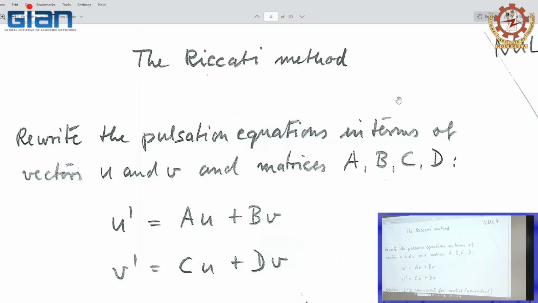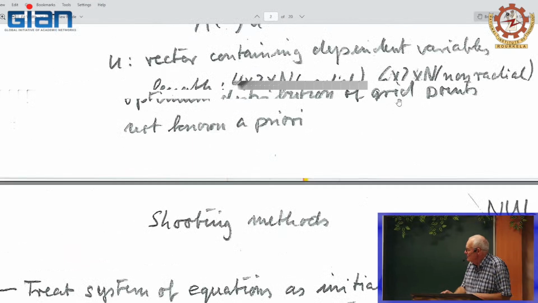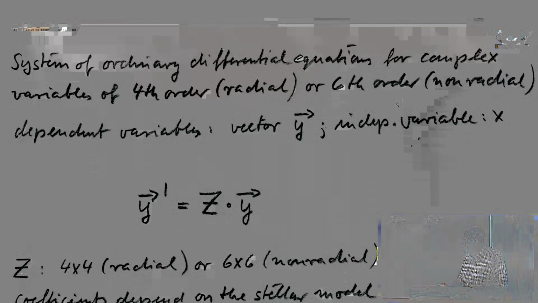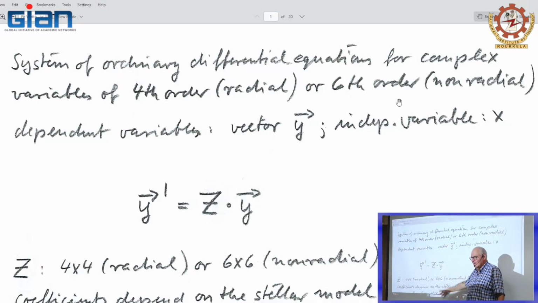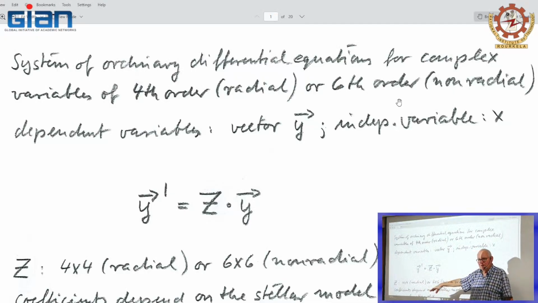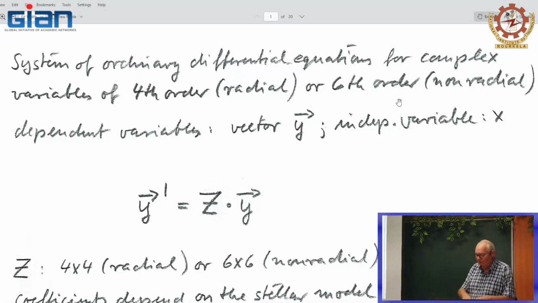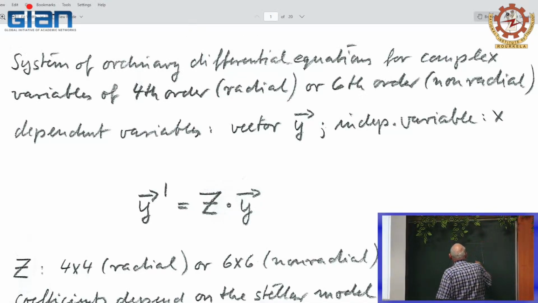So we consider the original system. Y dash is equal to some matrix times Y, and Y contains the dependent variables. We split this matrix Z into 4 matrices. So this is Z, and what we are doing, we split it into 4 parts.